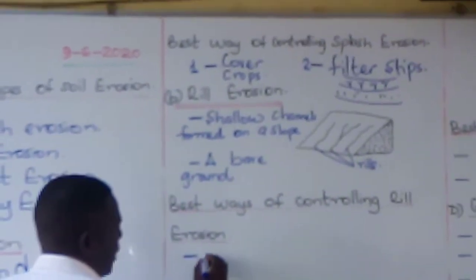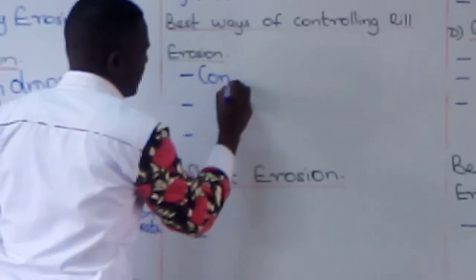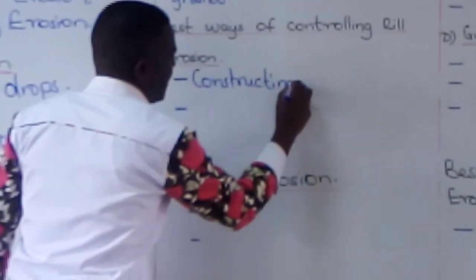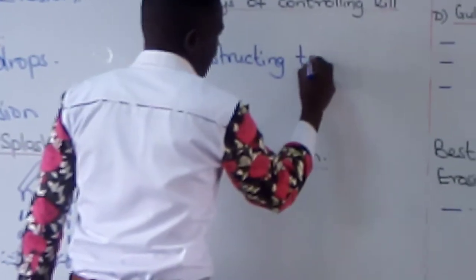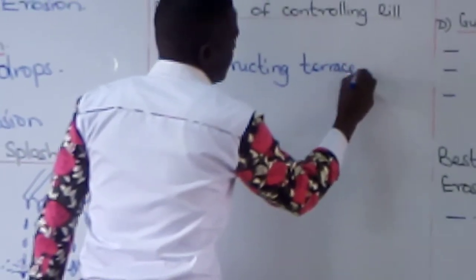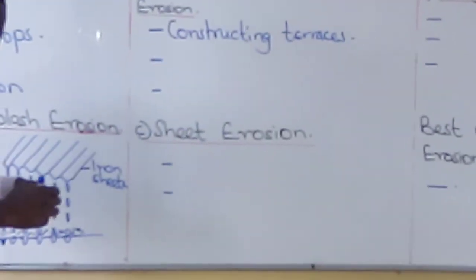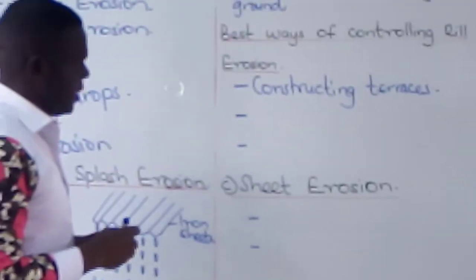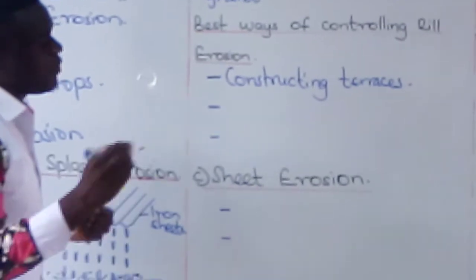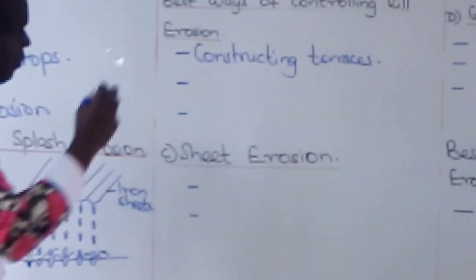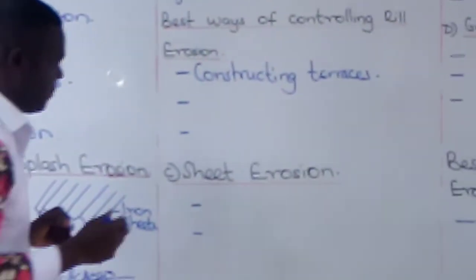Number 1 is constructing terraces. Yes, there are different types of terraces. We will talk about that. I will draw the terraces there.